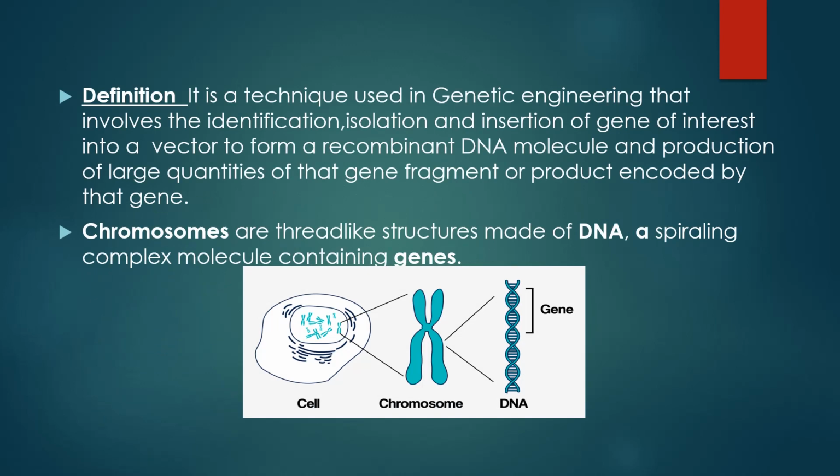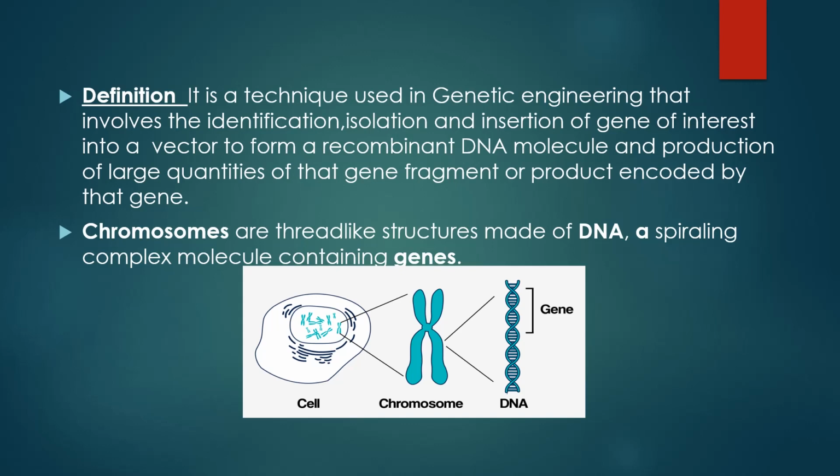It is a technique used in genetic engineering that involves the identification, isolation, and insertion of a gene of interest into a vector molecule, which may be a plasmid or cosmid or whatever it may be, to form a recombinant DNA molecule, and production of large quantities of this gene of interest or desired gene or the product encoded by the gene.